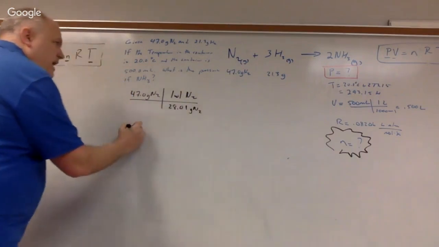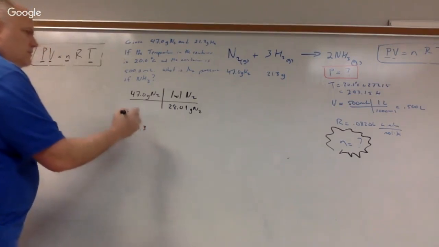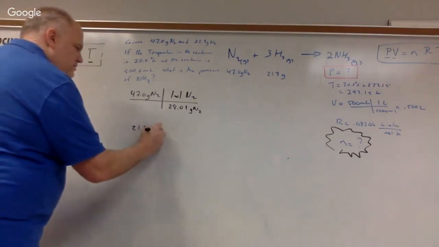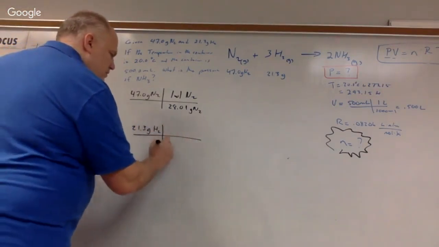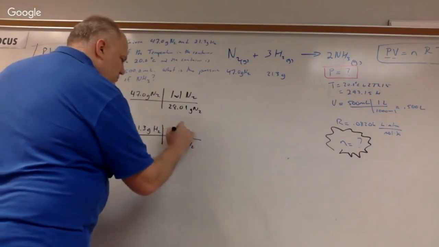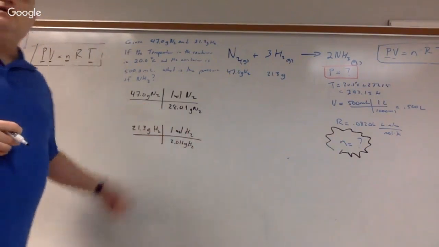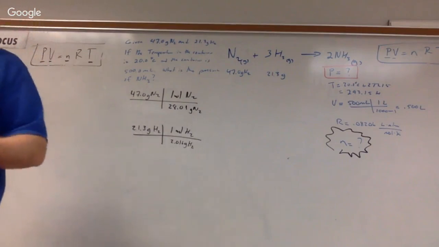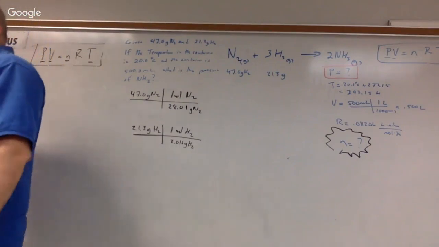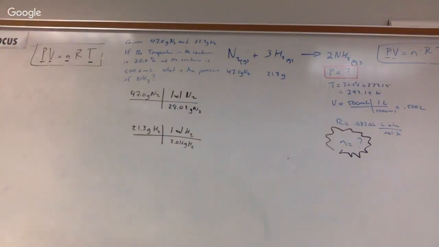And for my hydrogen, don't I have 21.3 grams of H2? And I know the molar mass for this is 2.016 grams of H2 for every 1 mole of H2. If you're wondering where did I get these numbers from again, let me remind you that we did a whole bunch of stuff where we looked on the periodic table to determine what the molar masses were.